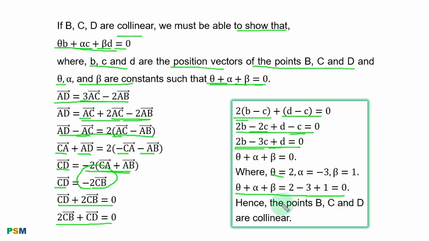Because of this, the points B, C, and D are collinear. We have shown that.